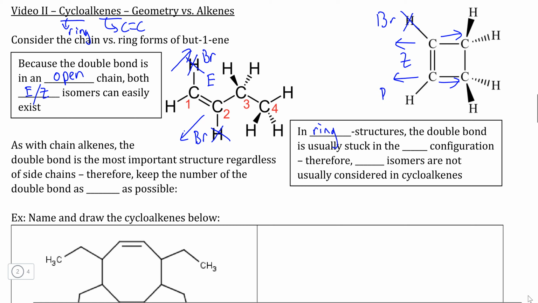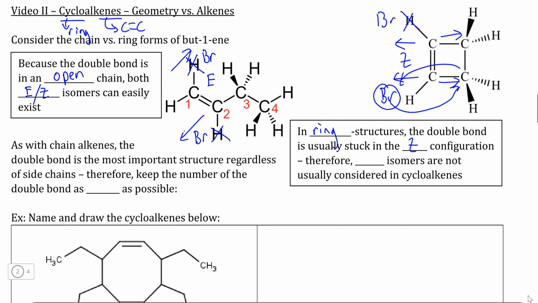And so we see that ring structures, even though there is an alkene present, are basically stuck in the Z configuration because the double bond is actually part of the ring itself, and without breaking the ring entirely, it would be impossible to take this bromine and swap it with this carbon here without destroying the ring and making the molecule unstable.